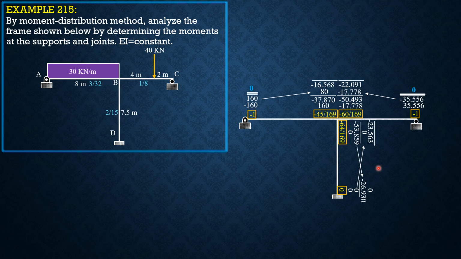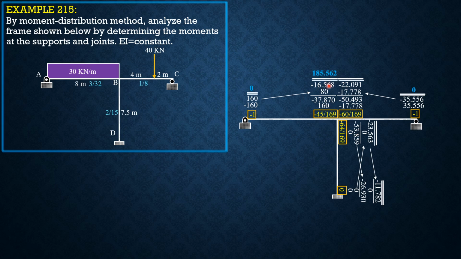So that means we have to finalize everything. So we have to lock this double as well as here. But before that, carry over half of negative 23.563. So lock this finally, also lock this finally.